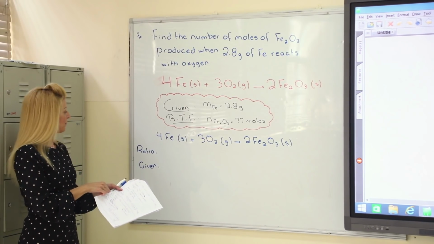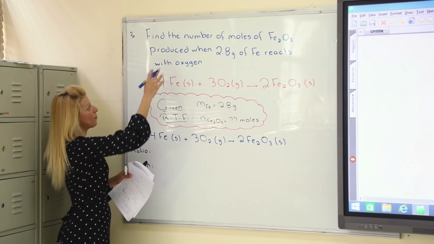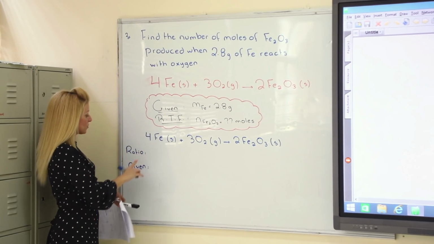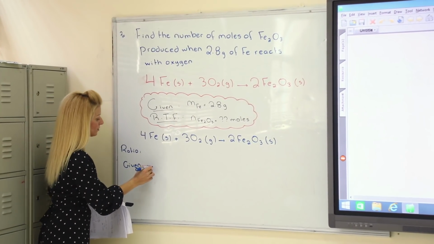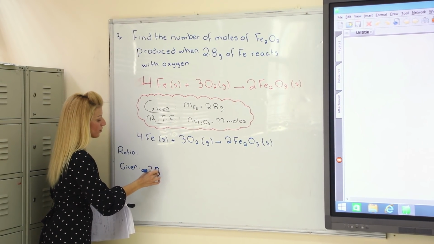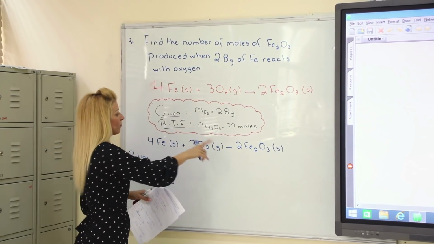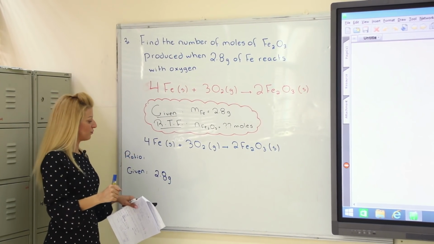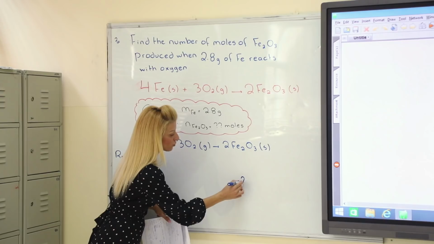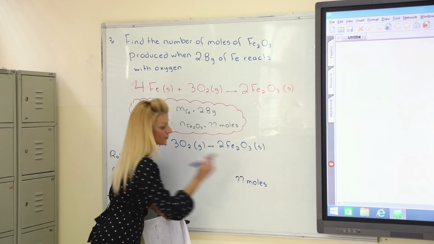The first step is to write our given under each term from our original equation. So the given here is 2.8 grams of iron. Under iron, I write 2.8 grams. We want to find the number of moles of Fe2O3 that forms. So under Fe2O3, I put a question mark, how many moles?